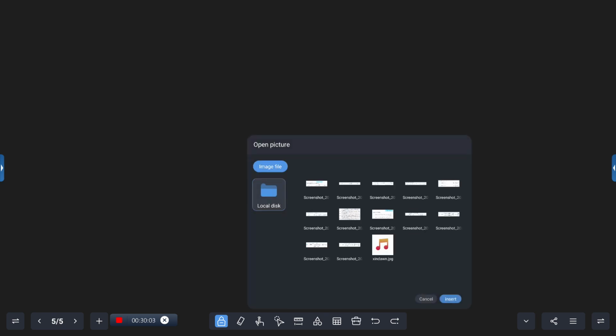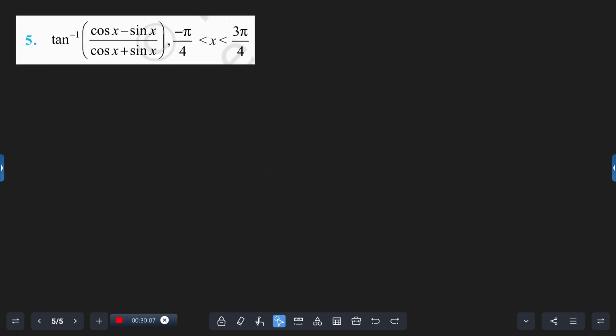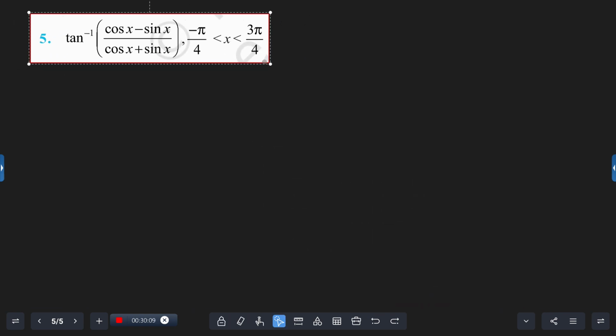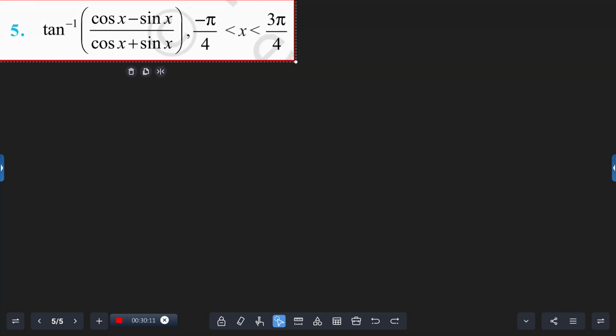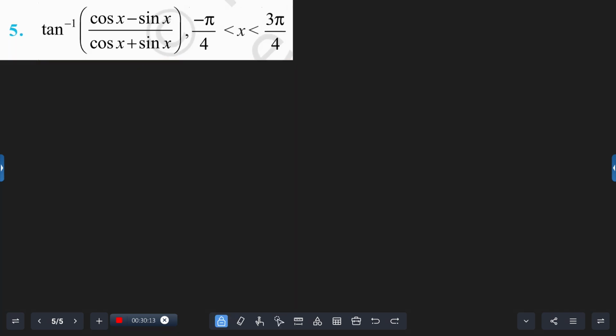So question number 5. What they asked: simplify in the simplest form. Continuation only. The expression is tan inverse of (cos x minus sin x) divided by (cos x plus sin x).